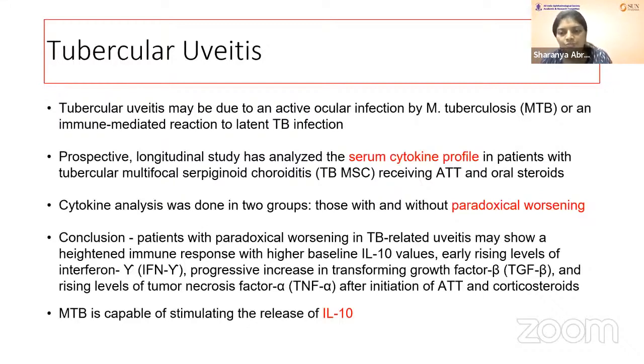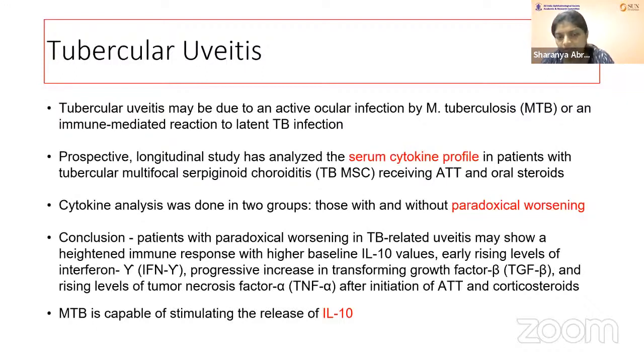In conclusion, they found that the baseline IL-10 levels were a little higher, including early rising levels of interferon gamma and an increase in transforming growth factor beta and tumor necrosis factor alpha. All of these are pro-inflammatory cytokines. So these are increased after the initiation of ATT and corticosteroids.